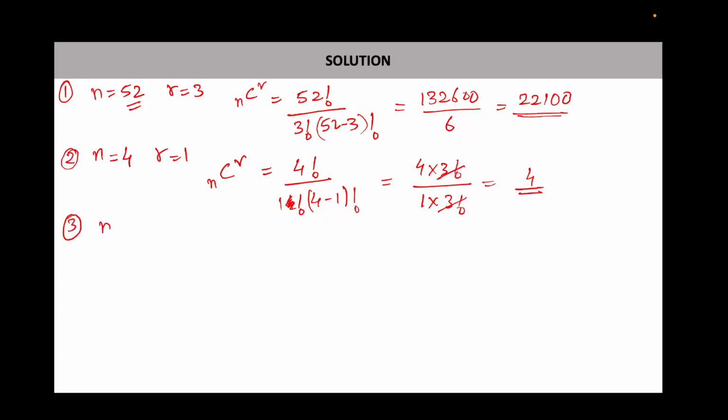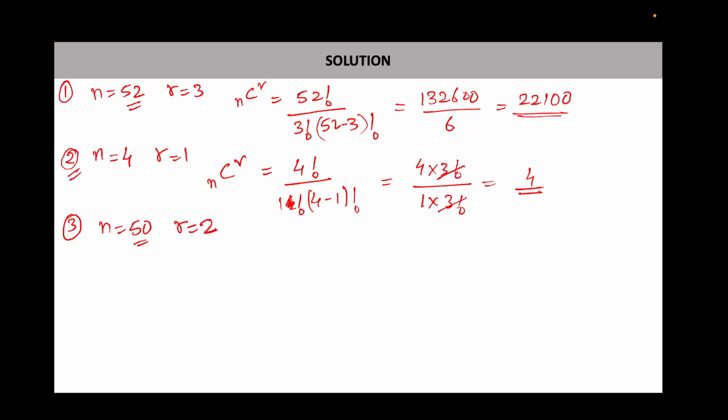In that case, your n will be 50. Why 50? Because the two cards have already been picked, so now the deck is of 50 cards only. That is why the n value will be 50 here. And the r value will be 2 because we are talking about the two cards.